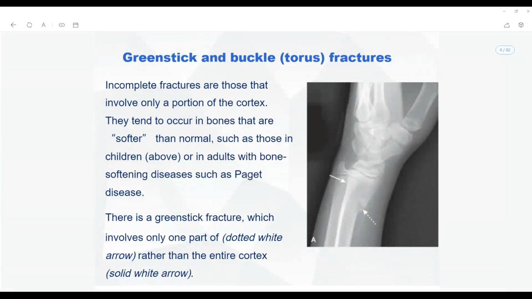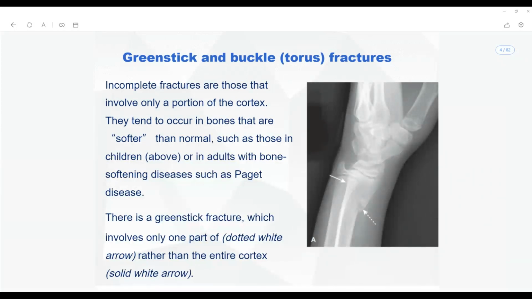Perfect. Rule number 4. Then rule number 5, the same thing. All other rules have to be satisfied. Yes, it has to be taken in multiple views. Yes, it has to be compared for symmetry whenever necessary. Whenever necessary, you always have to look for previous radiographs.